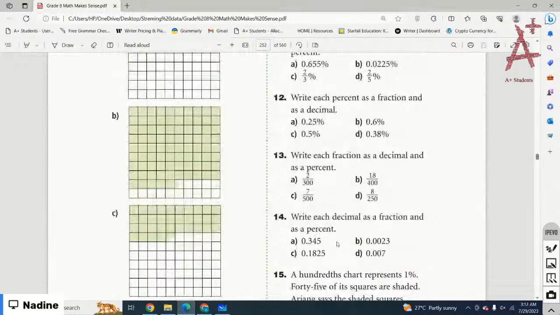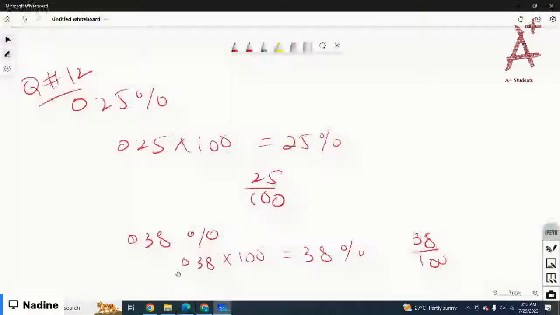Okay, question number 14. Write each decimal as a fraction and as a percent, that is 0.03, that is 0.345.